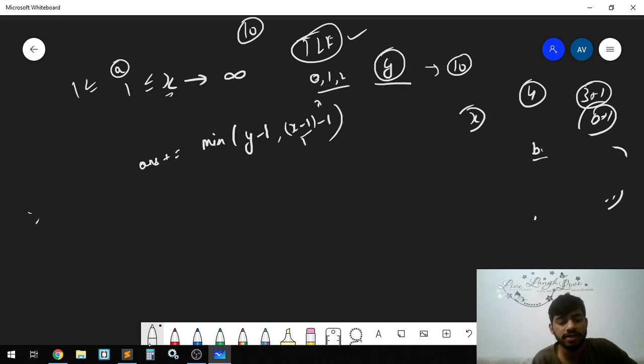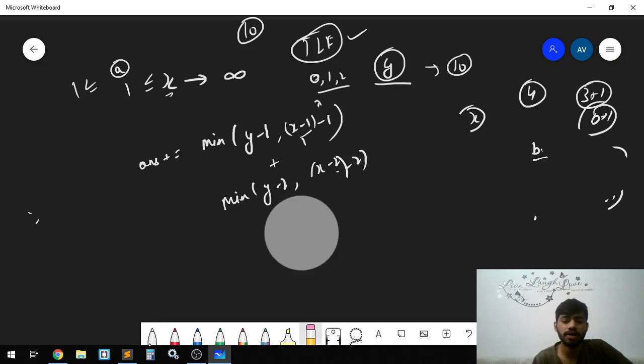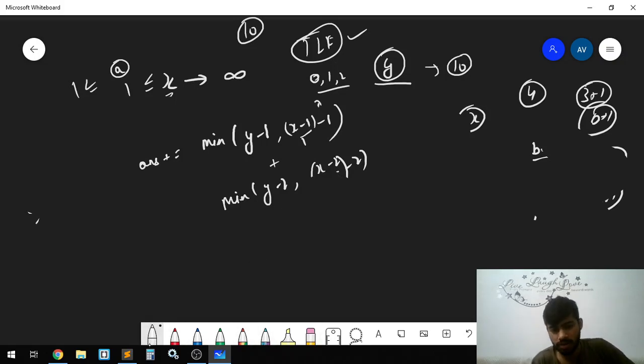In the next step we will add again the minimum of y minus 2 comma x minus 2 by 2 minus 2, and then again the minimum. I will keep adding these terms till either this thing equals 0 or this thing equals 0. If any one of these equals 0 or is less than 0, then I will just get the answer. That's the final answer.